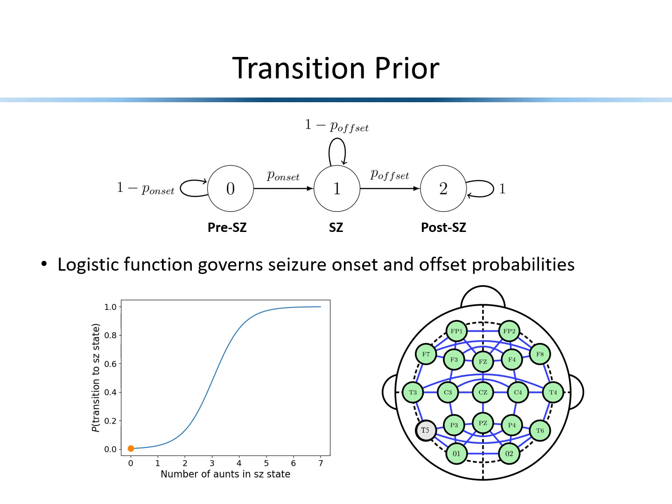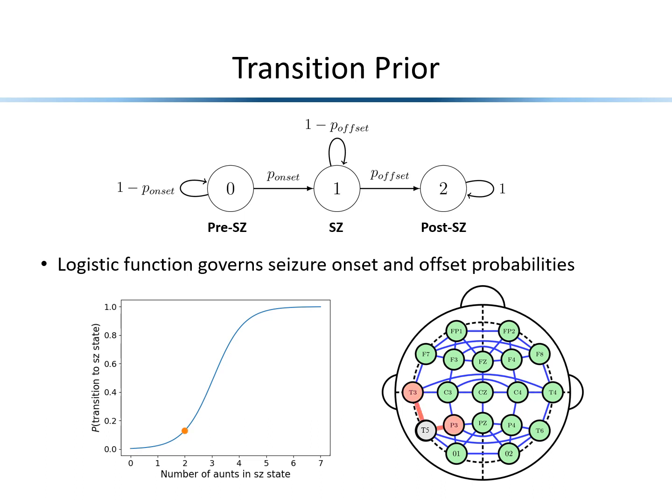Just to give you a high-level picture, if we look at the bottom head plot, this channel T5 is grayed out, and that's our channel of interest. In this particular configuration, all of its neighbors are in a baseline state, so they're all green. So we would expect a very low transition probability into a seizure state, which is indicated by the orange dot on the left-hand plot, the sigmoid.